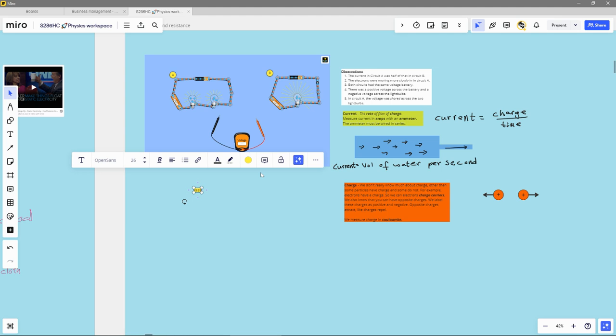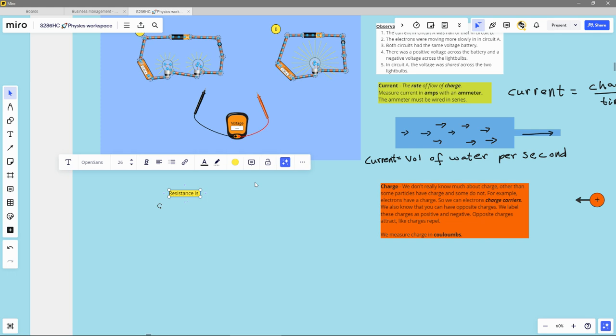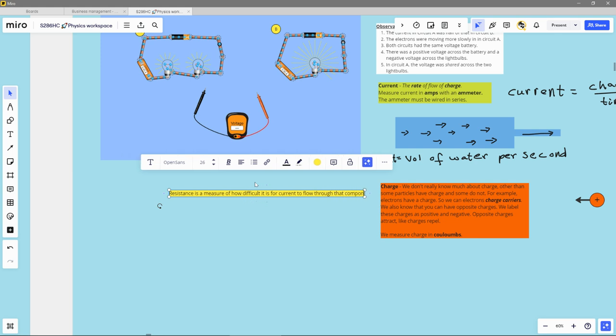Resistance is a measure of how difficult it is for current to flow through a component.